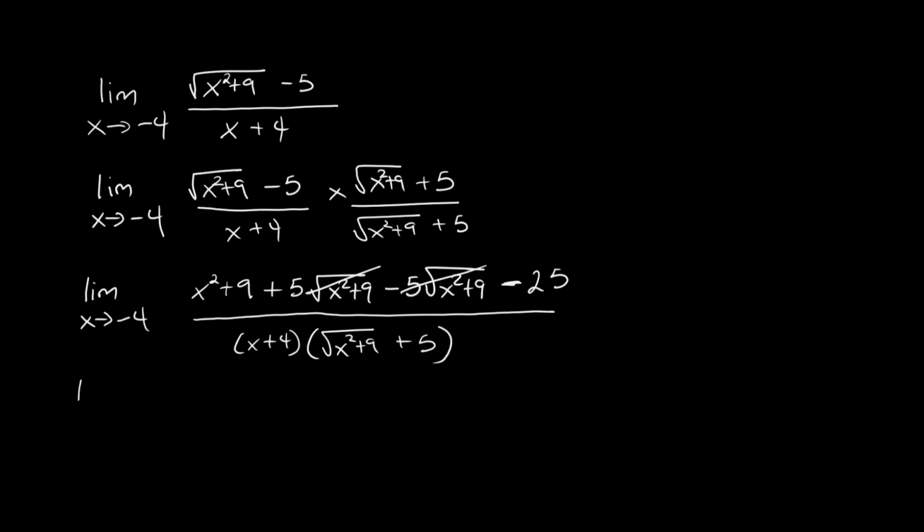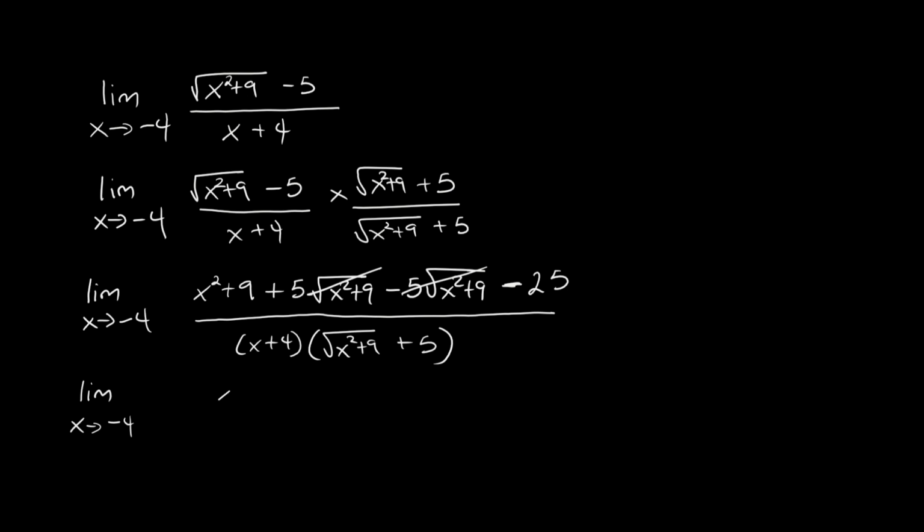and so this becomes the limit as x approaches -4 of x squared. Now -25 plus 9 becomes -16, divided by x plus 4 into the root of x squared plus 9 plus 5.